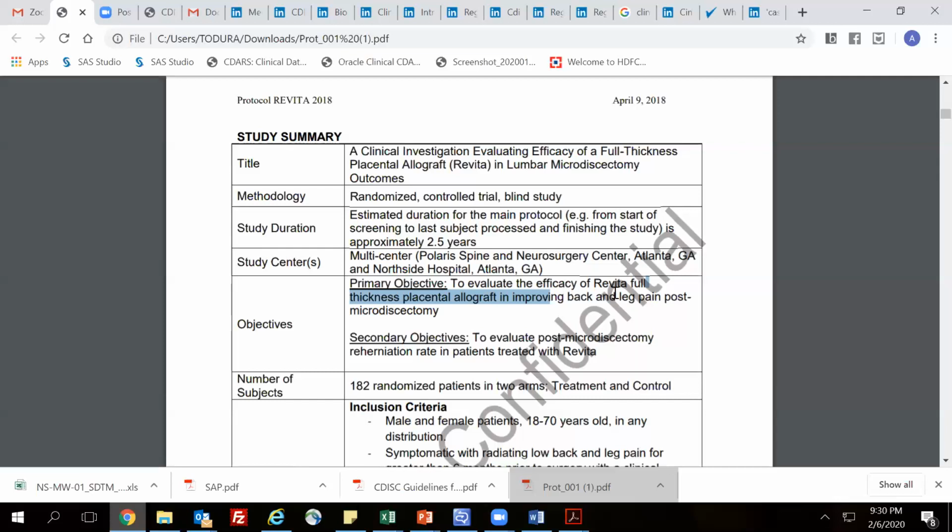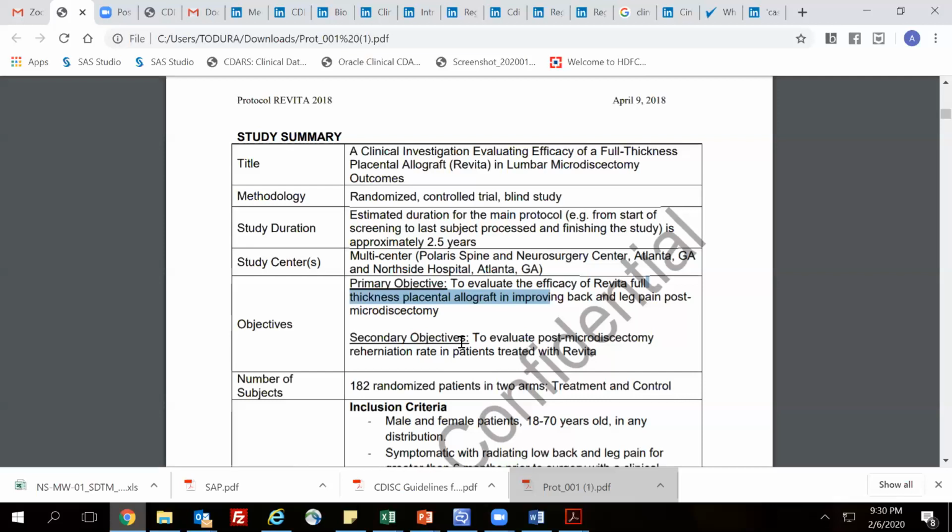That's its primary objective. The secondary objective is to evaluate the post microdiscectomy rehydration rate in patients treated. So this is the secondary objective. Primary objective is how effective it is.